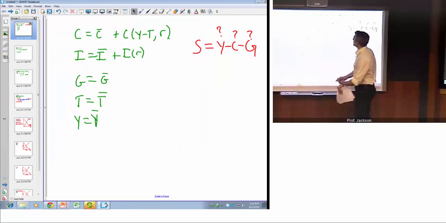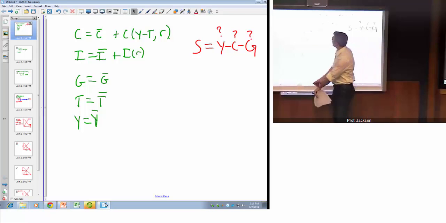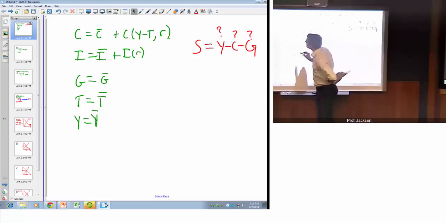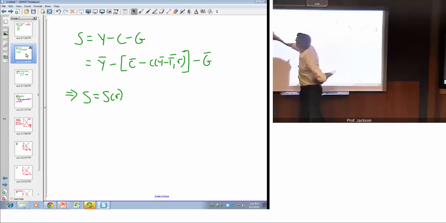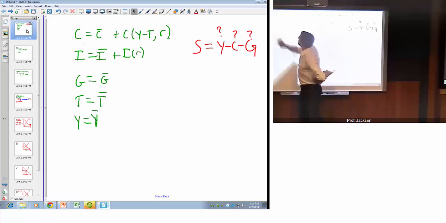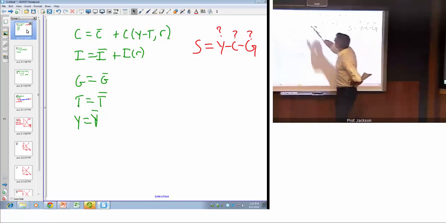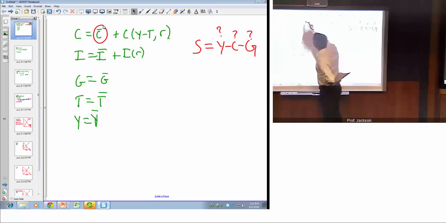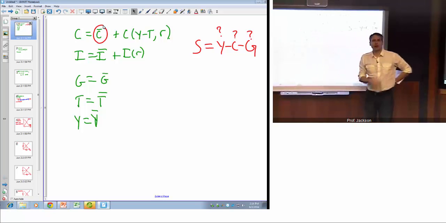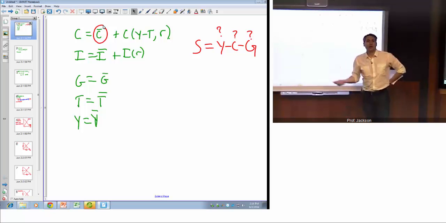If we go back to these pieces here, we have our consumption function. There's the first piece that I talked about, autonomous consumption. The idea is that that's the consumption spending that goes on independent of people's income or independent of the interest rate.